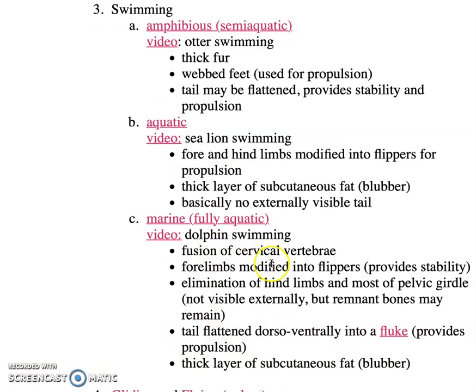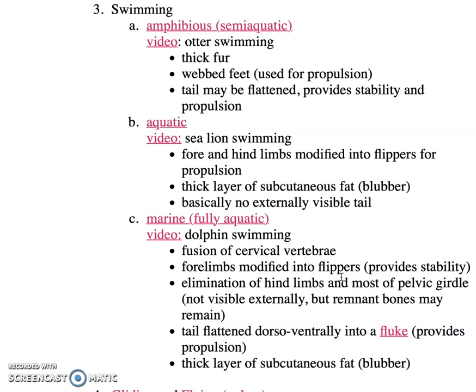They have very often a fusion of the cervical vertebrae, so that's the vertebrae in the neck, and that stiffens the body so that they can move more efficiently through the water. Water has a lot of resistance to movement, so it's more efficient to be a solid structure than to be really floppy. The forelimbs are modified into flippers that provide stability.